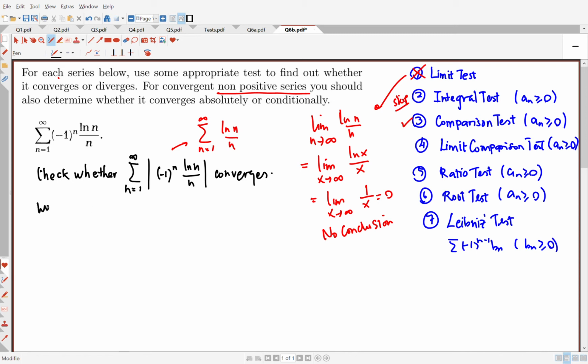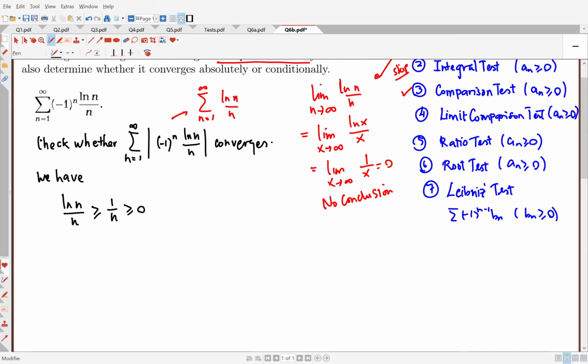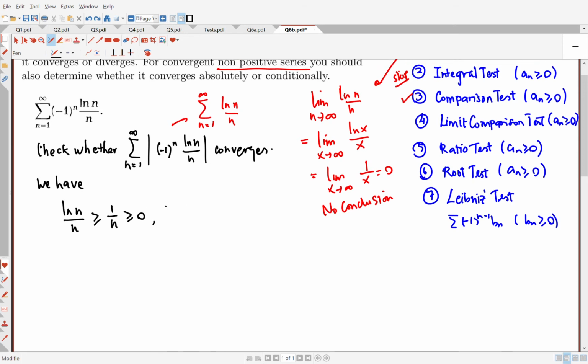So we have this ln n over n. This is actually bigger than or equal to 1 over n, since for n is greater than or equal to 3.